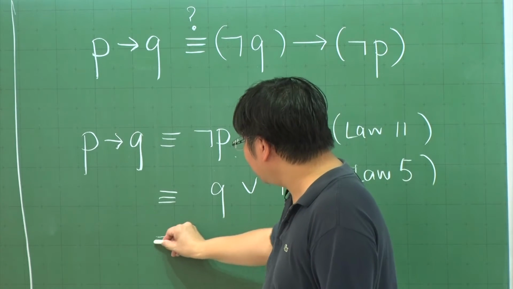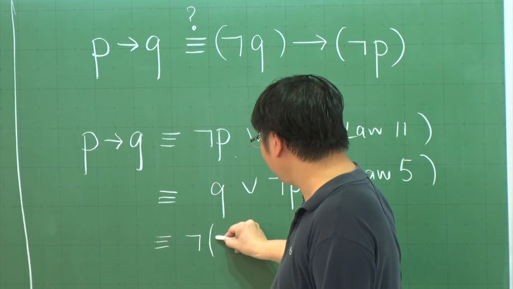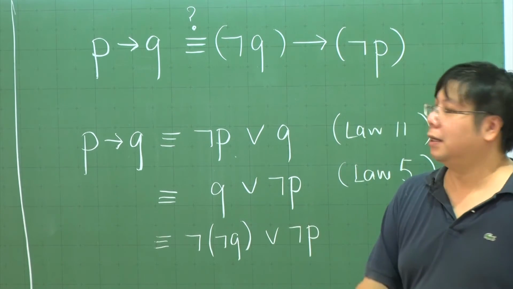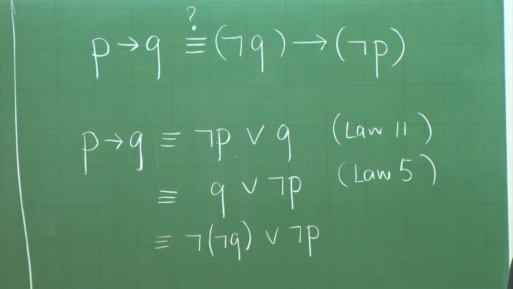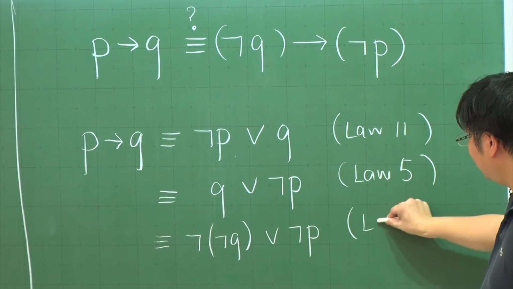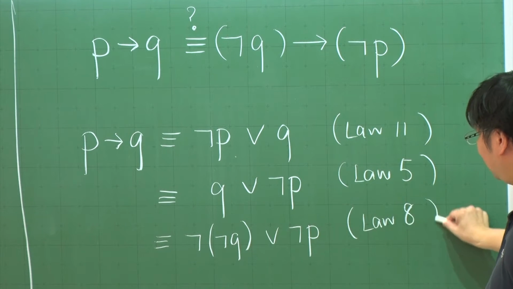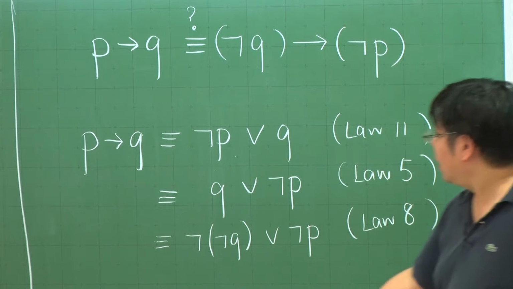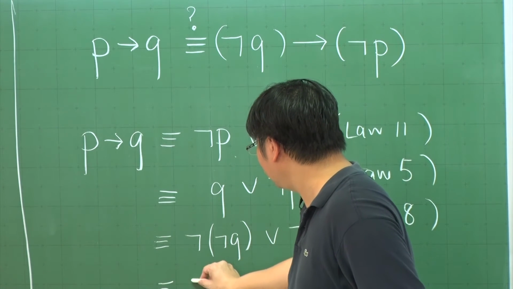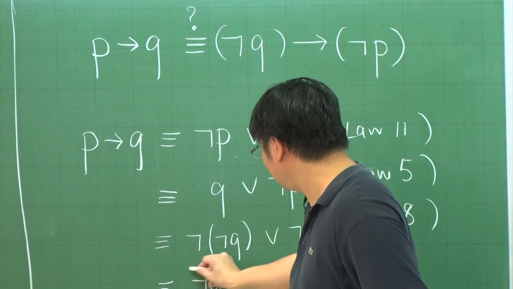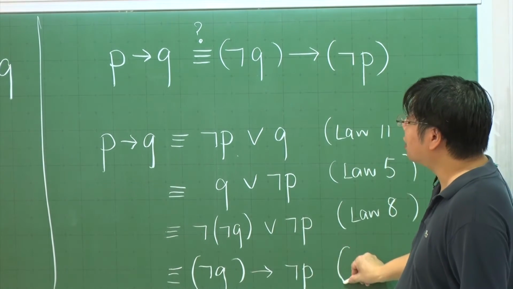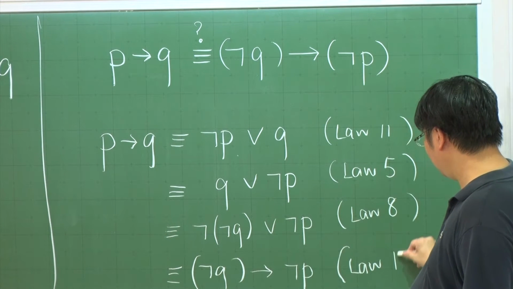And then this is equal to not of not Q or not P. This time it is the double negation law, law 8. Is that okay? And then immediately this is equal to not Q implies not P. And this is law 11 again.